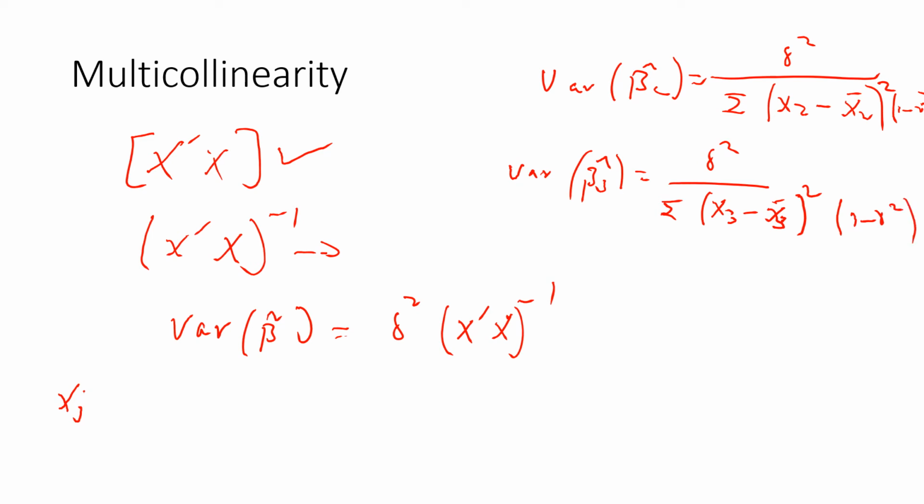We take the square in both cases. Here r square is the sample correlation coefficient between x2 and x3. I discussed earlier, while discussing ordinary least squares, that when we have two variables, r shows the correlation between them.